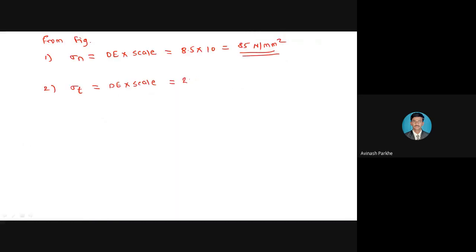So 2.5 into 10 is equal to 25 Newton per mm square. This is the sigma T value. So if you got 2.6, you write down the 2.6. 2.6 into 10, 26 Newton per mm square. Don't copy my answers. All the answers will be accepted because all are near to each other.